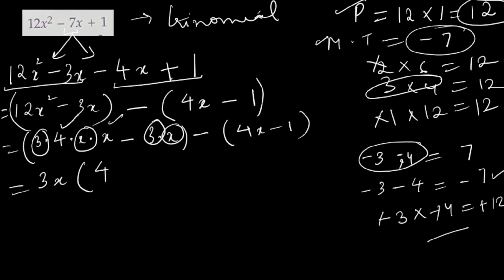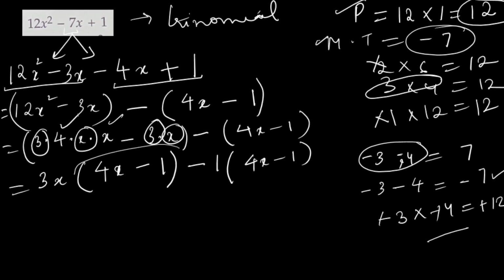The remaining terms are 4x and minus 1. In the second, whenever nothing is there, we have to write 1. Since we don't have any other common factor, 1 is the common factor. So we write 1 out, and 4x minus 1. So we have got the common factors.